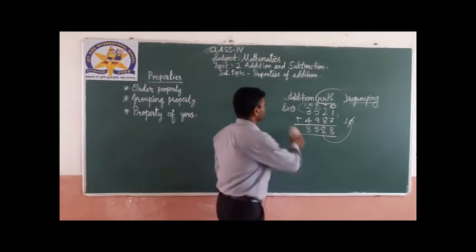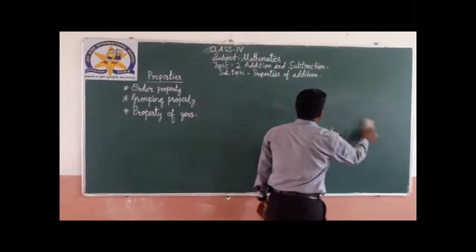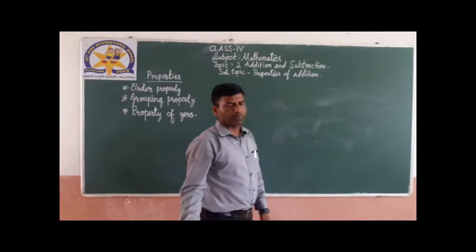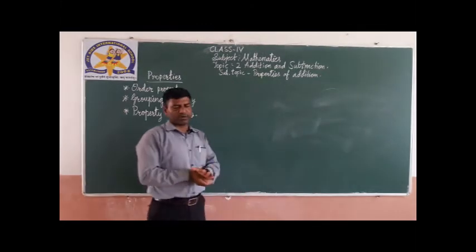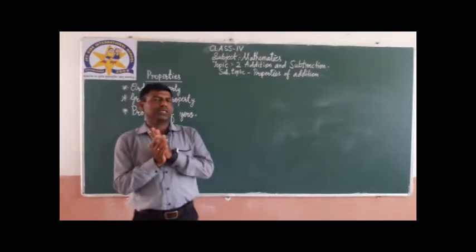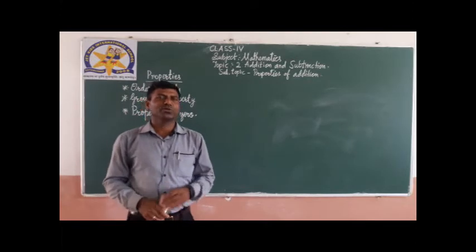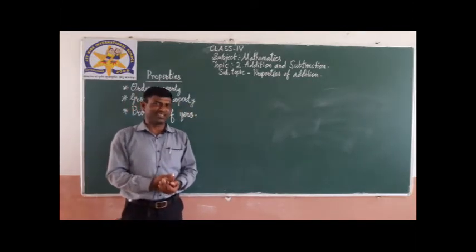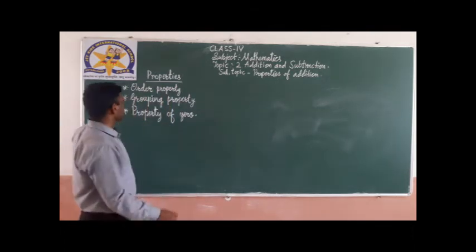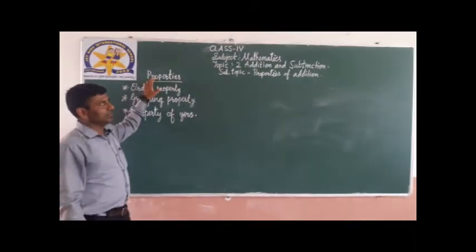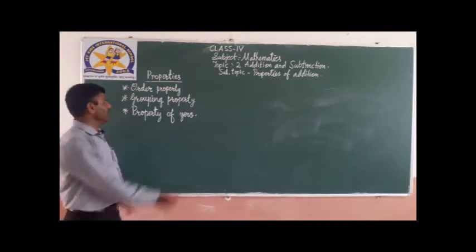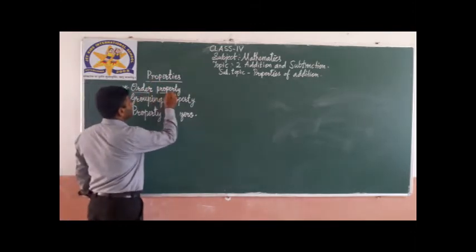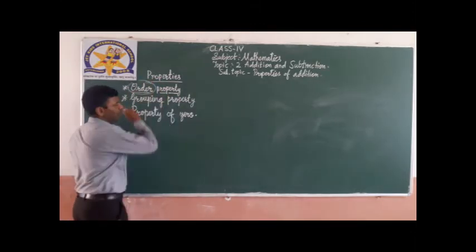Understand? Okay. So let's move towards the properties. It's very important. If you know the properties, it will be easy for you to solve speedily, fastly. Understand? Let's see. Properties of addition. First property, order property. What is meant by order property?